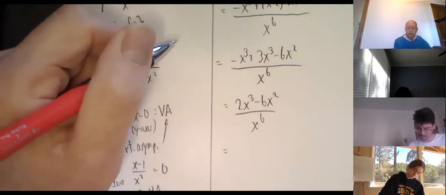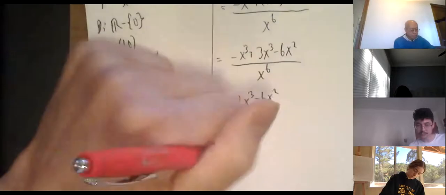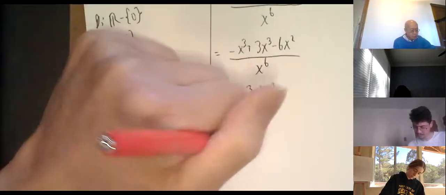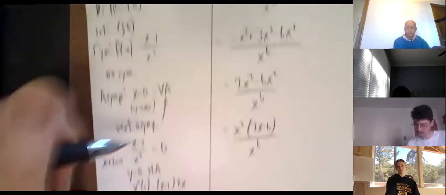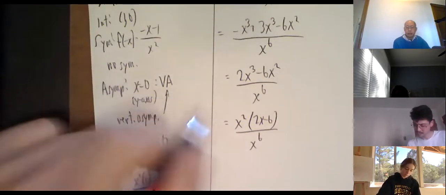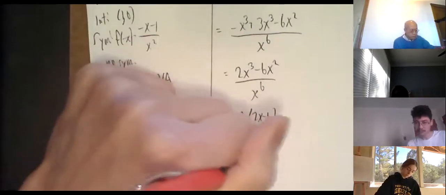And that means I can factor out an x squared. You can factor out a 2 also, but it doesn't really help that much. I definitely want to take out the x squared because I want to partially cancel that. So we take out x squared, I have 2x minus 6. So unless I made a mistake, I think that's what I got. Double check. Okay, so cancel, cancel. 2x minus 6 over x to the 4th.